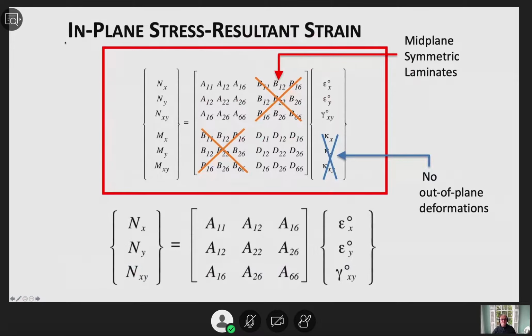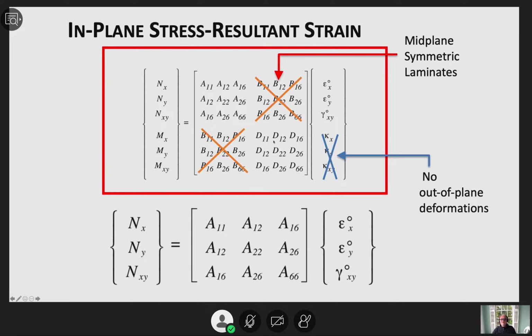This big red box is the complete coupling equations, where in-plane stress resultants Nx, Ny, and Nxy are expressed in terms of in-plane, mid-plane strains, epsilon x, epsilon y, gamma xy. And then if there is a B matrix, those will be coupled also to kappa x, kappa y, kappa xy.